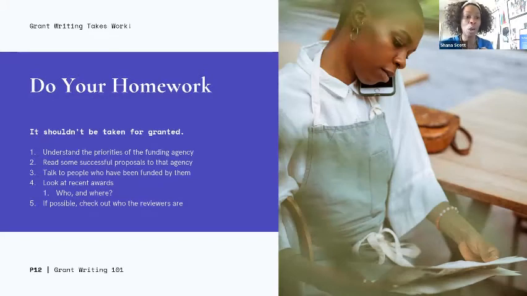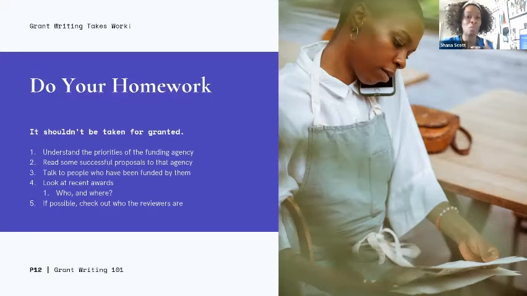Another part of doing your homework is reading successful proposals to that agency. Oftentimes those agencies post successful grant applications that have won on their website. Or Google is your friend. You can Google it and it will come up.